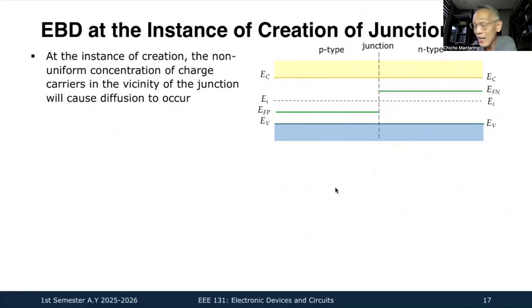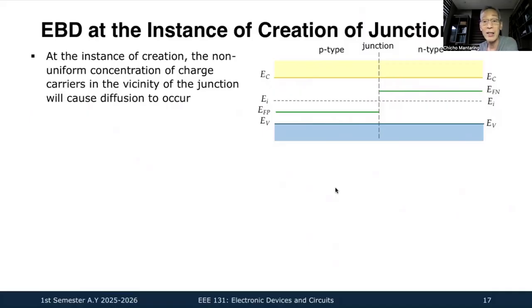So actually, you can think of this as a non-uniformly doped semiconductor, like the non-uniformly doped semiconductor we discussed earlier. Except that in this particular case, your non-uniformly doped semiconductor is uniformly doped on the left side and uniformly doped on the right side, but the doping is different.